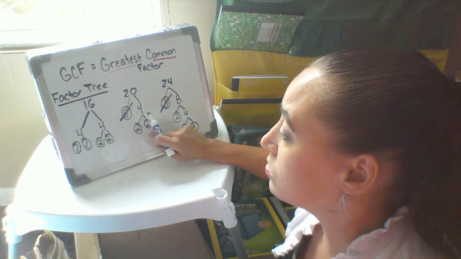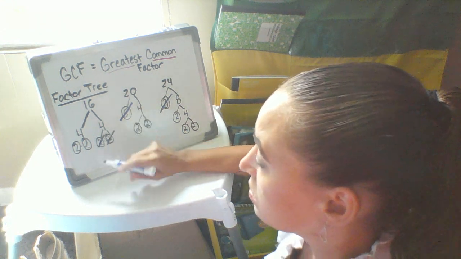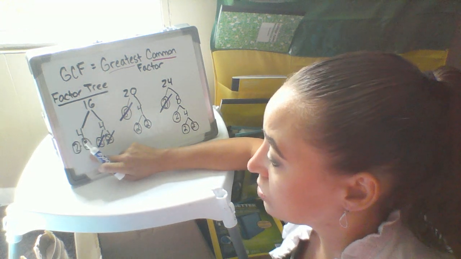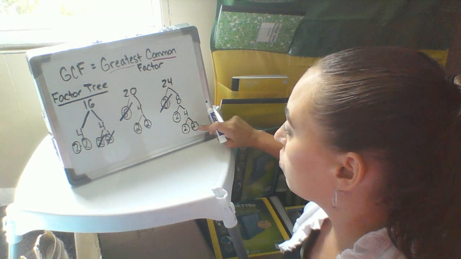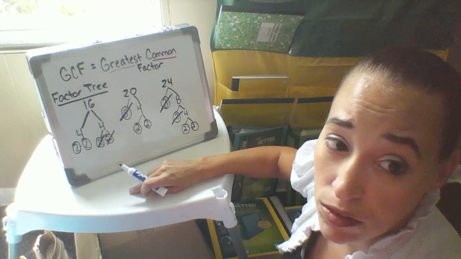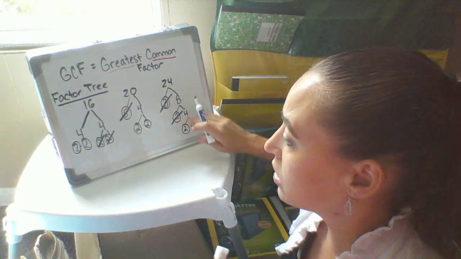There's only 2 2's here, so I have to cross off 2 of these 2's because they only have 2 2's over here. So there's 2 2's in common with these 2 2's. There's 1, 2, 3 2's here. I gotta cross off this 2.